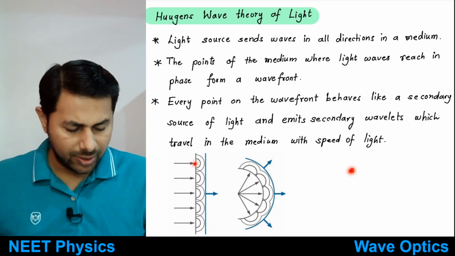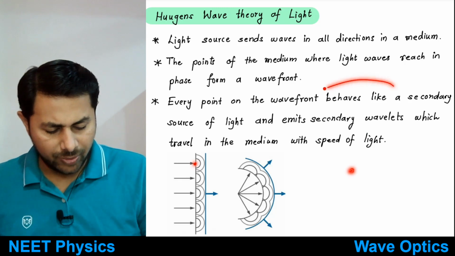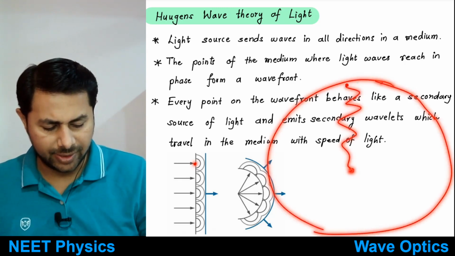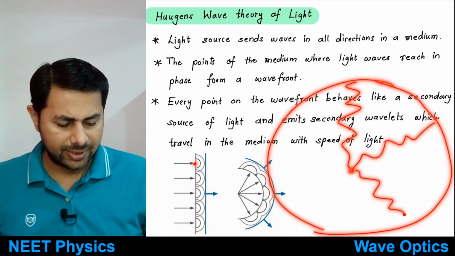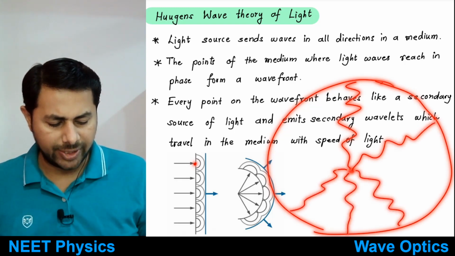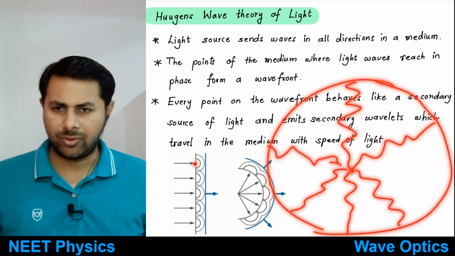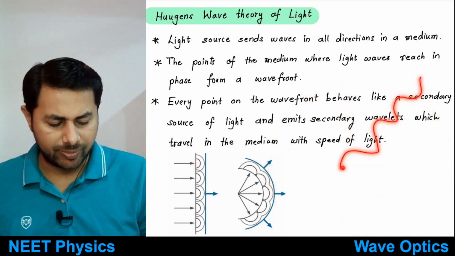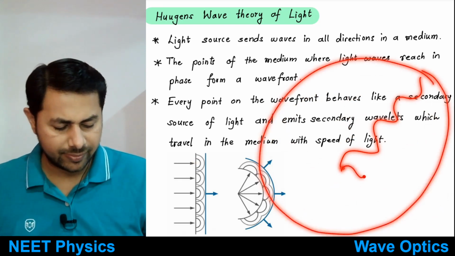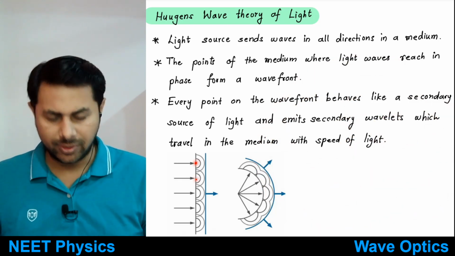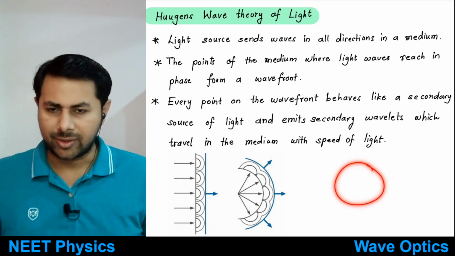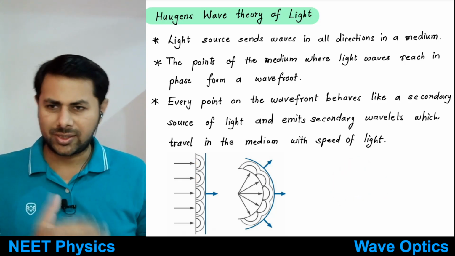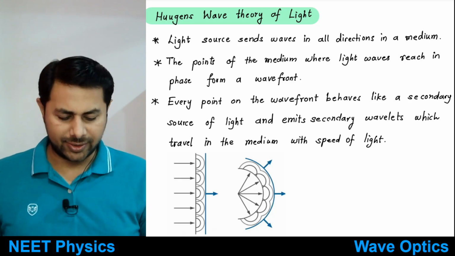If you collect all points which are in the same phase, those points must be at the same distance from this point source, because then the same number of waves would be formed to reach them. So if this is a point source, the wavefront produced by it would be a spherical wavefront, but the wavefront would travel only in the forward direction, not backwards.